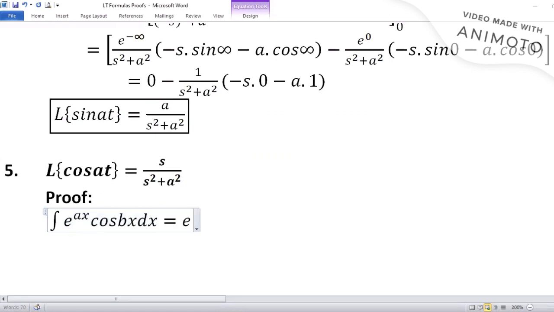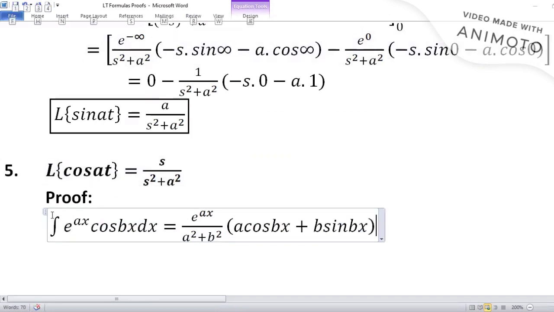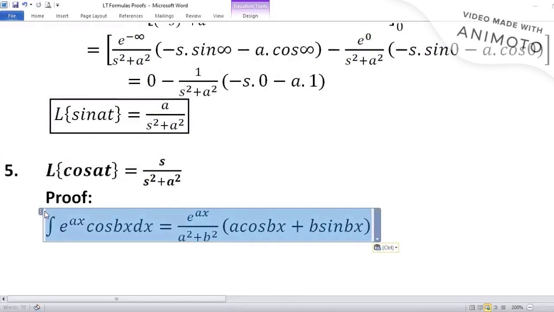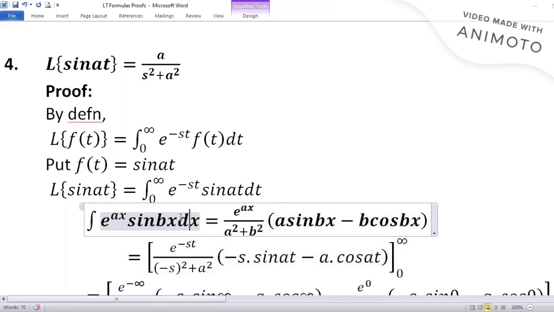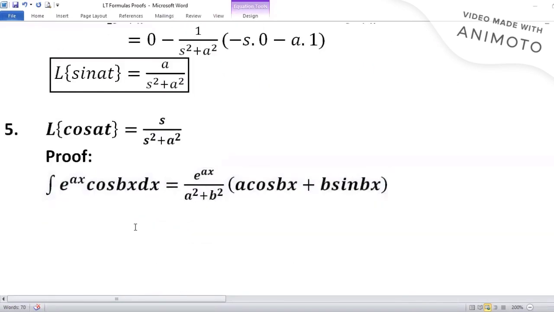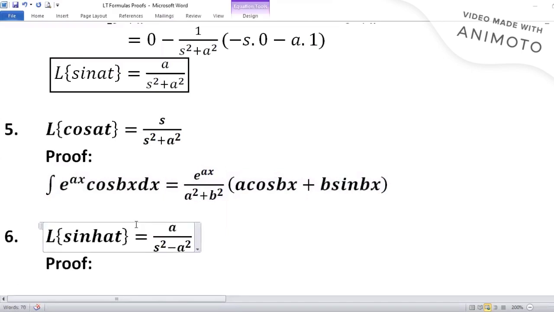It has the answer e raised to ax upon a square plus b square, and in the bracket a cos bx plus b sin bx. So that is the difference in the formula. Otherwise, it is the same integration. Last time we had used e raised to ax sin bx. Now we have to use e raised to ax cos bx. So I leave this as homework for you so that you can try yourself.